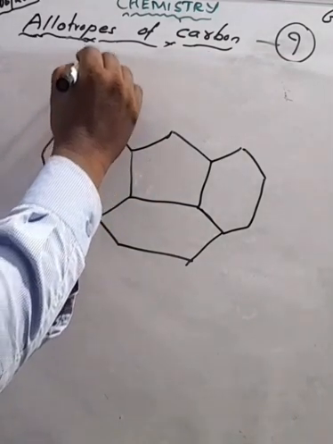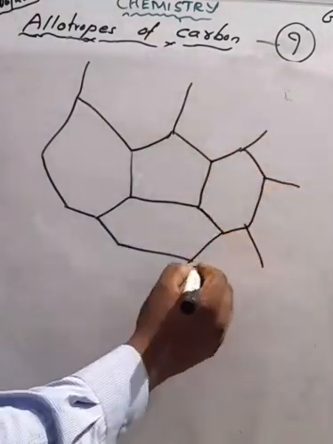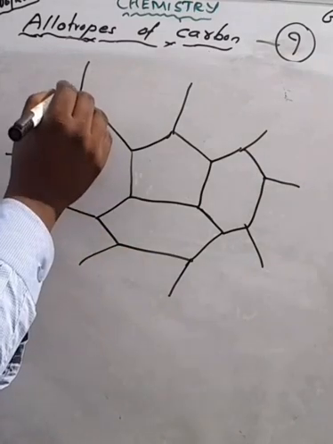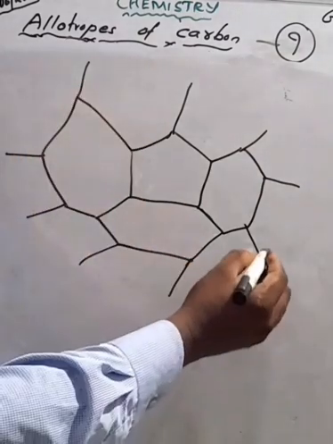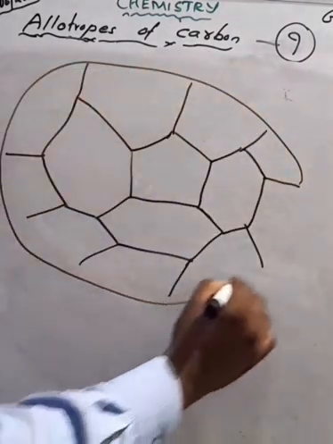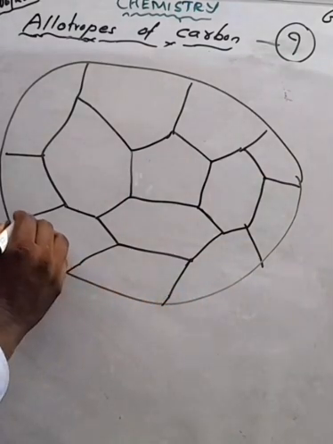Next you join here. Next, make a small circle like that. Just like this is enough for the structure.